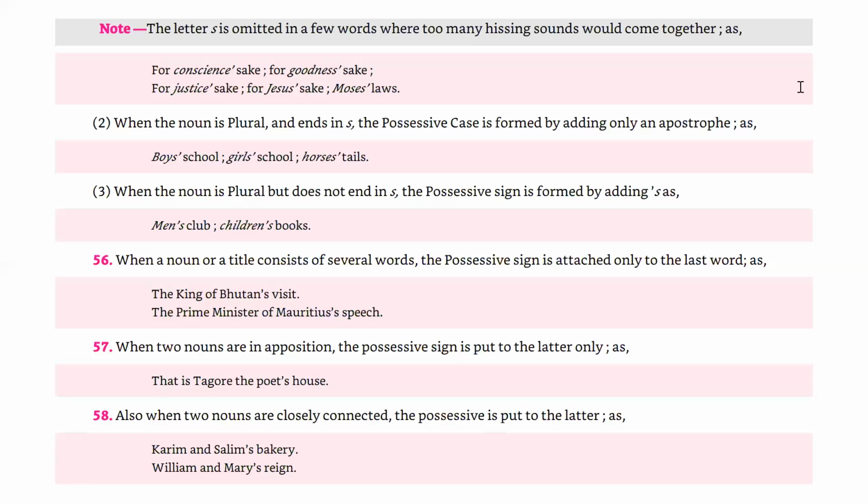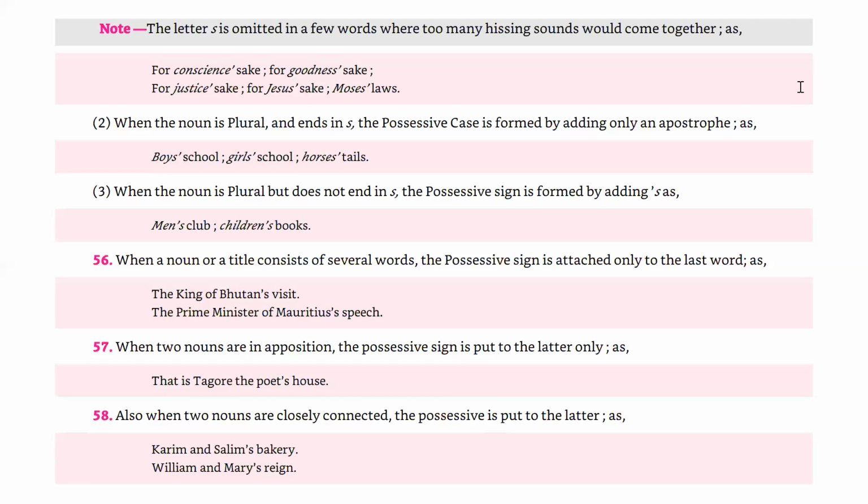When two nouns are in apposition, the possessive sign is put on the latter only. That is, Tagore, the poet's house. Poet means kavi. So you see, this is called noun in apposition. Tagore, the poet.